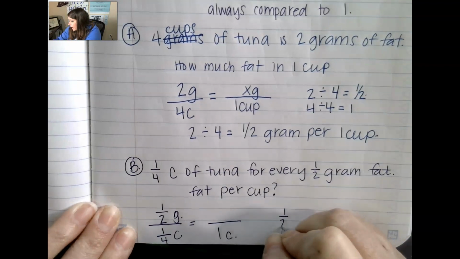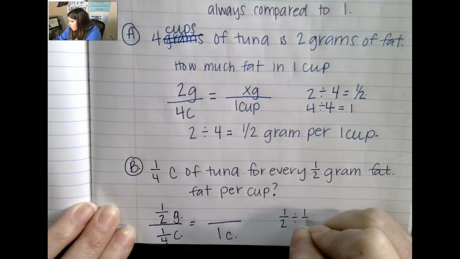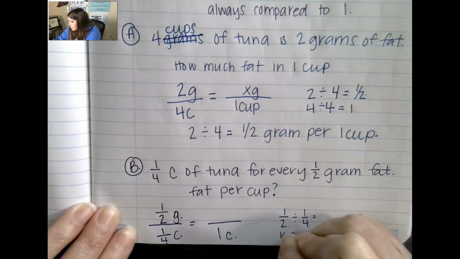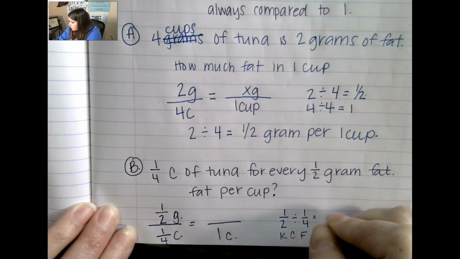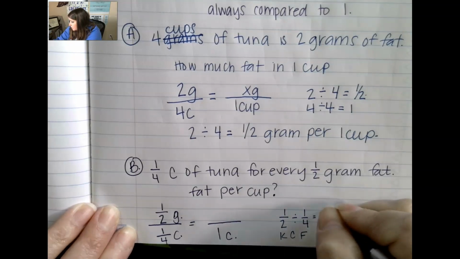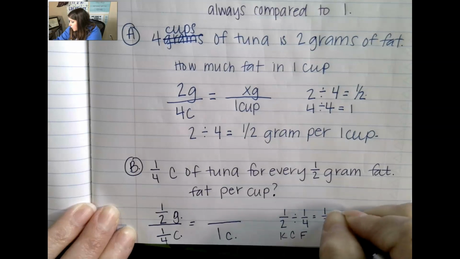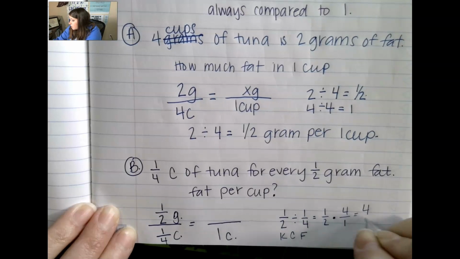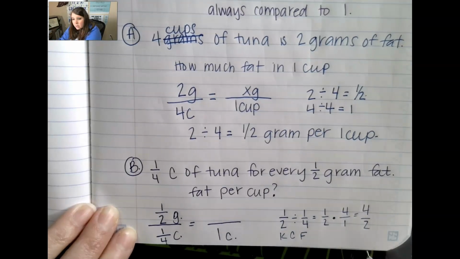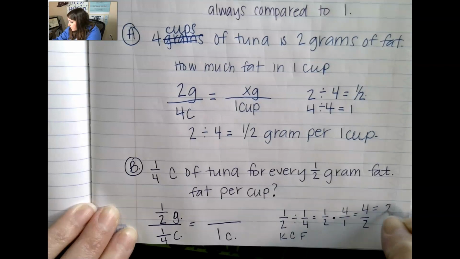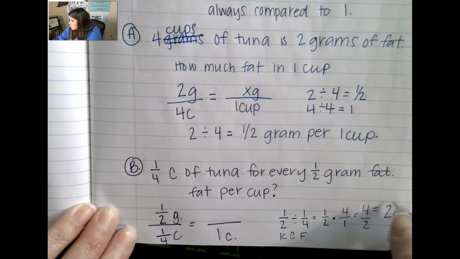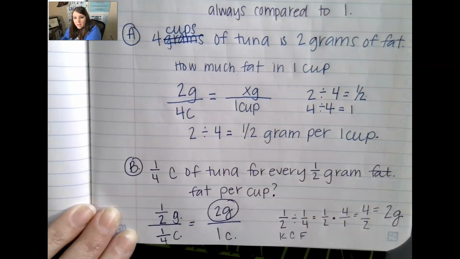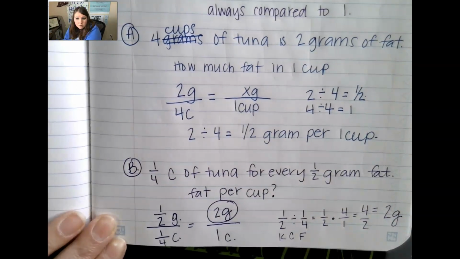We could do 1/2 divided by 1/4. We can use keep, change, flip, which would give us 1/2 times 4/1. This is 4/2 when I multiply straight across, or that equals 2. So 2 grams of fat per 1 cup of fish.